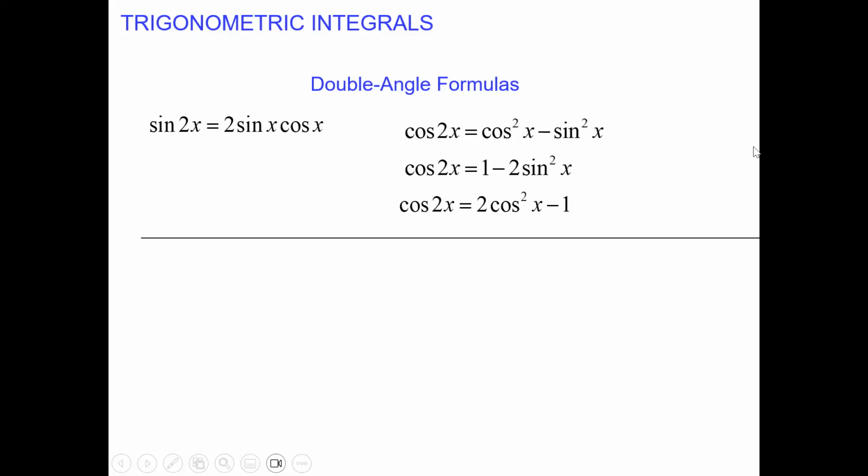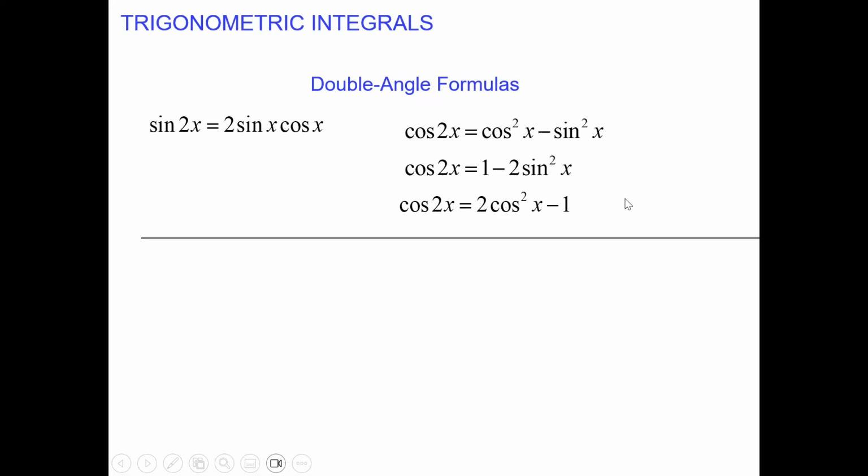In terms of sine, I use the Pythagorean identity to replace cosine square of x with 1 minus sine square of x, and that's the result. To have the expression in terms of cosine, I rewrite sine square of x in terms of cosine square, and that's the result.